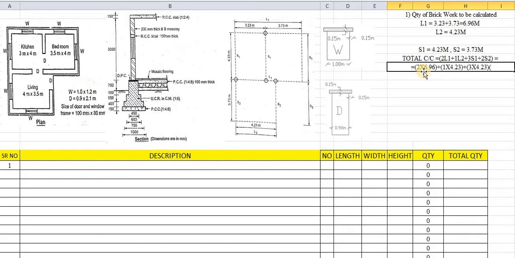Again how many numbers of S2? S2 it has been 2 numbers, so 2 multiplied by S2, so S2 in this case is 3.73.